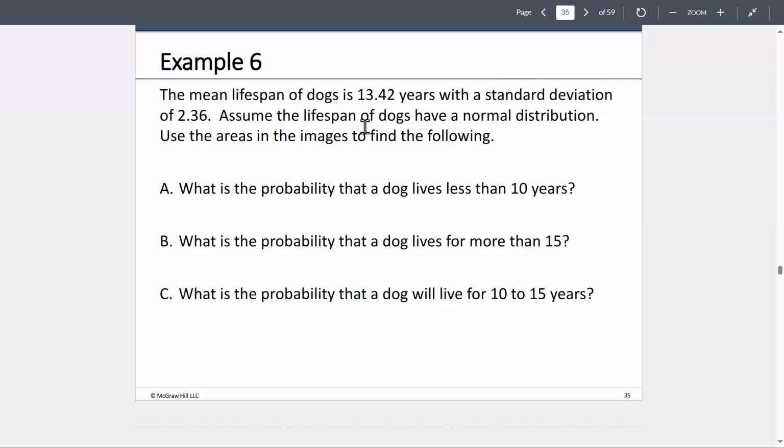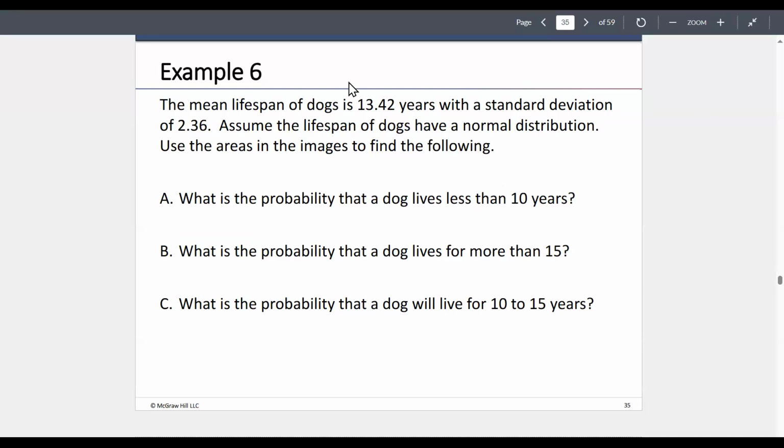All right. So the last part here, and we're going to do this again with a TI-84, let's first do it with our z-scores. So we have that the mean lifespan of a dog is 13.42 years with a standard deviation of 2.36 years. We're going to assume that the lifespan of dogs has a normal distribution.